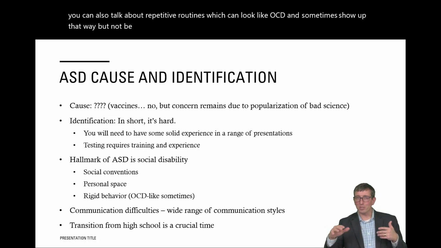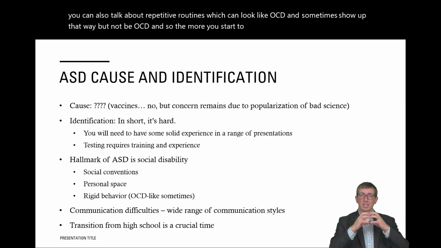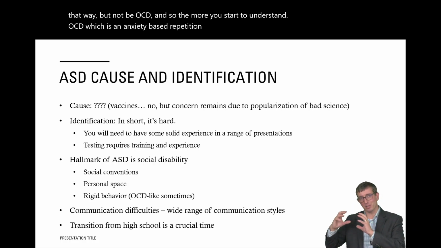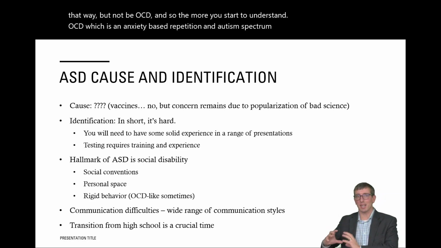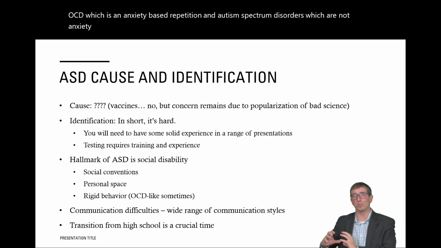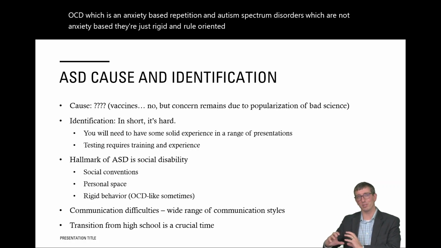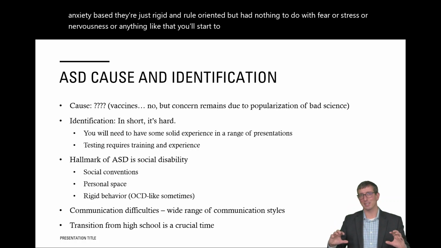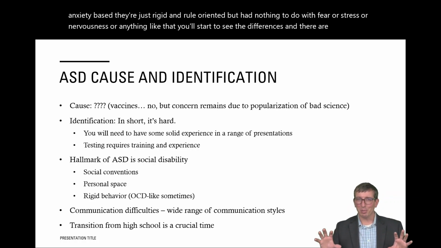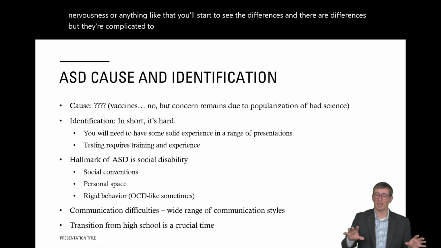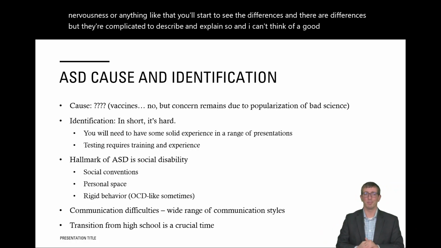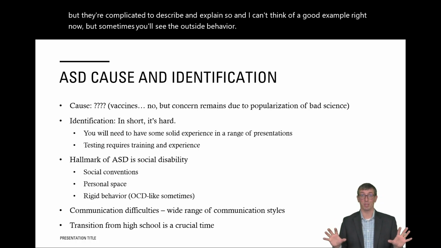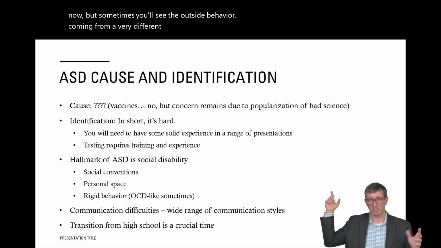The more you start to understand OCD, which is an anxiety-based repetition, and autism spectrum disorders, which are not anxiety-based, they're just rigid and rule-oriented, with nothing to do with fear or stress or nervousness, you'll start to see the differences. There are differences, but they're complicated to describe and explain. I can't think of a good example right now, but sometimes you'll see the outside behavior coming from a very different place. So I just thought it was worth mentioning that.